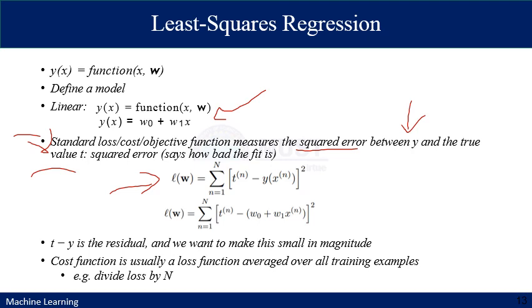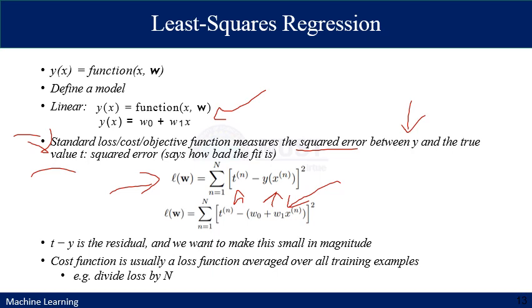It is the difference between the actual values and the predicted values, and you take the square to have positive values. If you replace the prediction with our linear model here, you can modify the formula as provided in the second line.